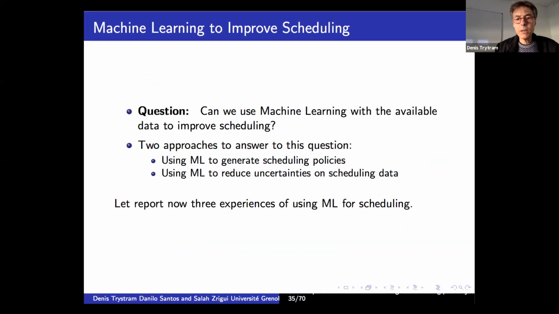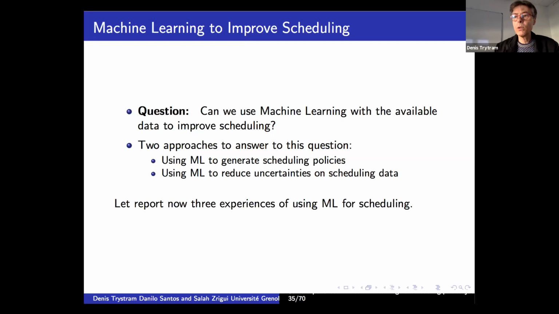Okay, now maybe I will give the word to Danilo if you are ready. We will report 3 experiences of using machine learning for the sake of scheduling. And after this, we can have a discussion over all what we found about all these 3 experiences.